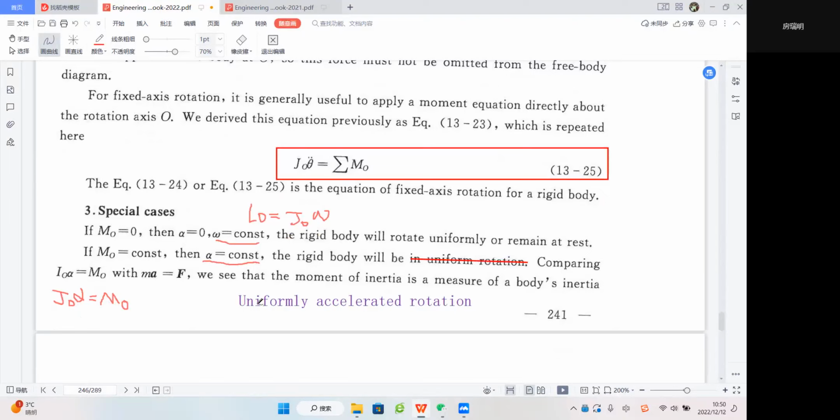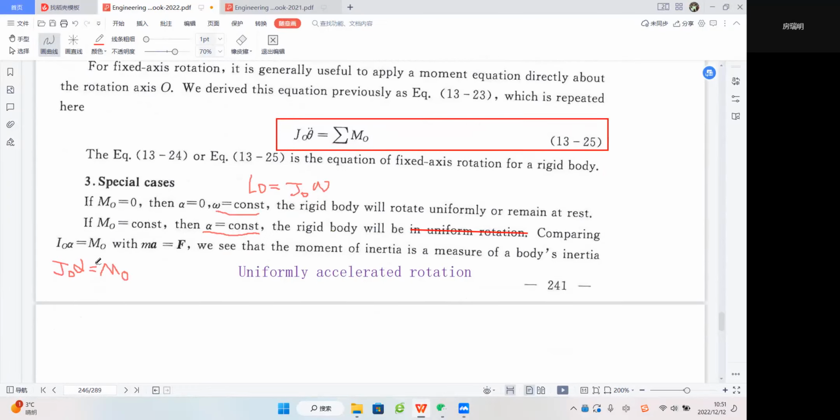I think it should really be uniformly accelerated rotation, right? It will have acceleration, but its angular acceleration alpha will never change its magnitude, right? So that's the second. Then we will have JO alpha equal MO, right?